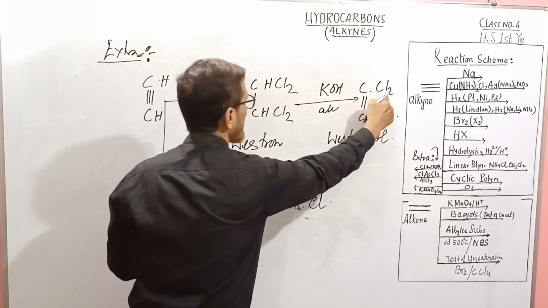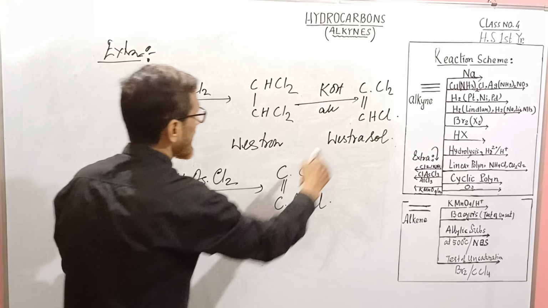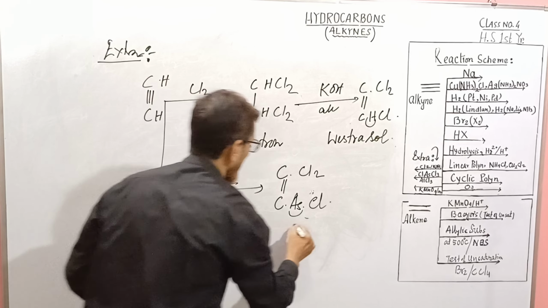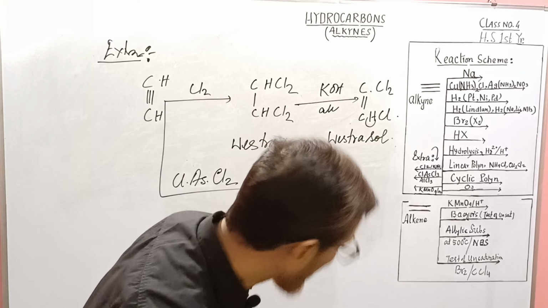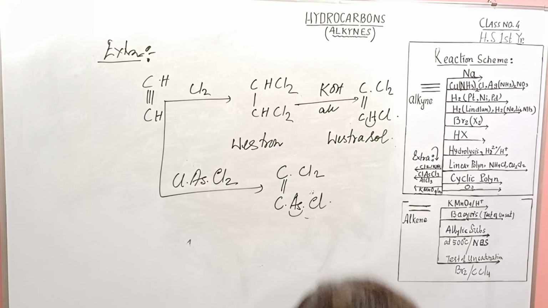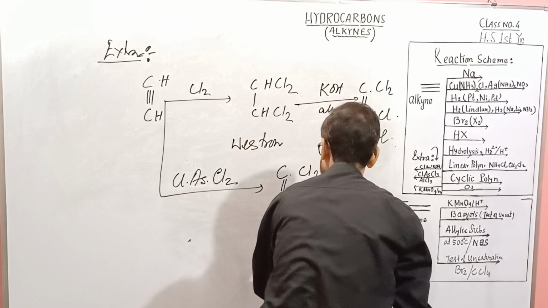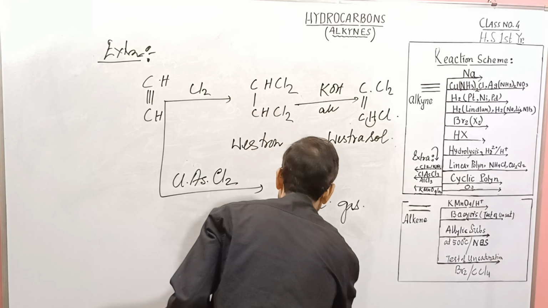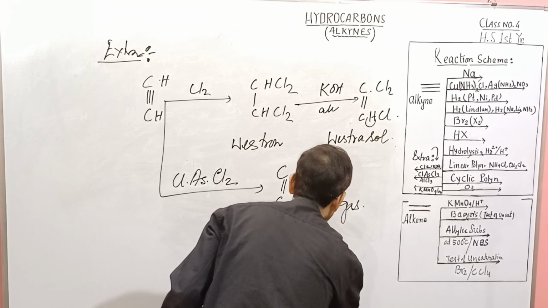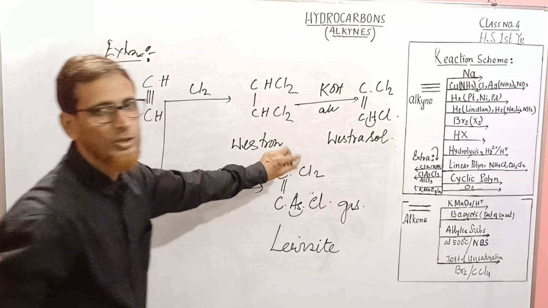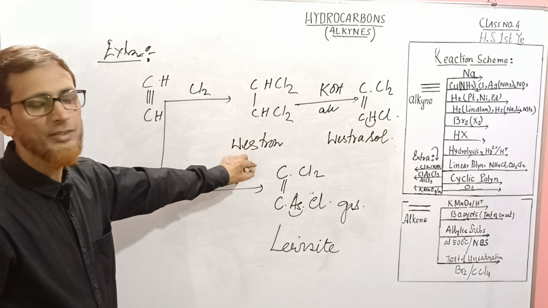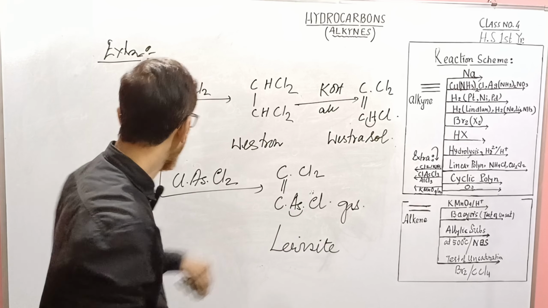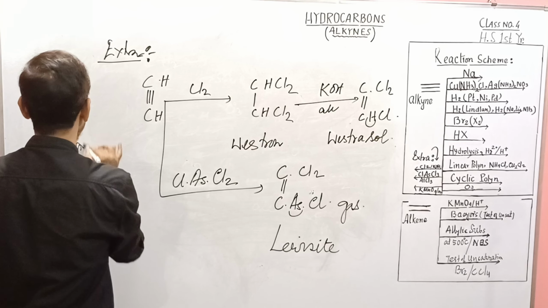In place of Cl2, and in place of that hydrogen, you just put arsenic, and that compound is very important and it is a gas. It is Lewisite gas. If I talk about this one, it will be a very lengthy class and you can't understand why it is important, because it is a war gas. It is used as a war gas.